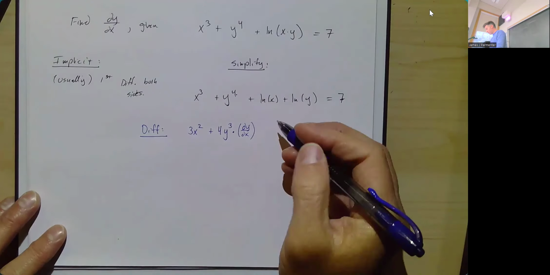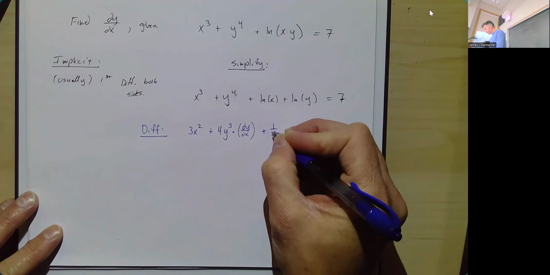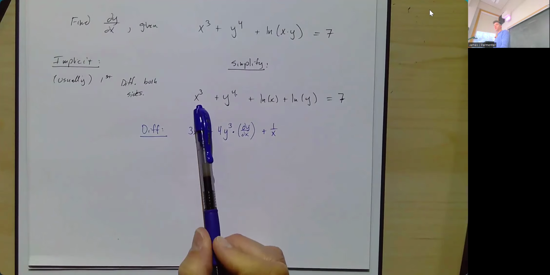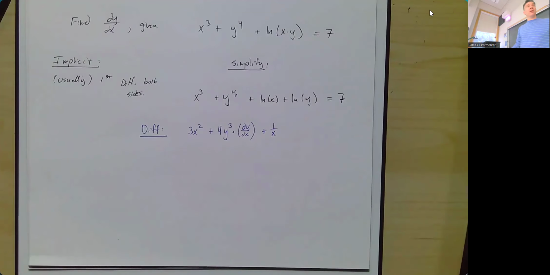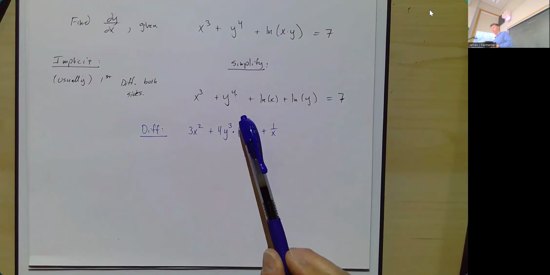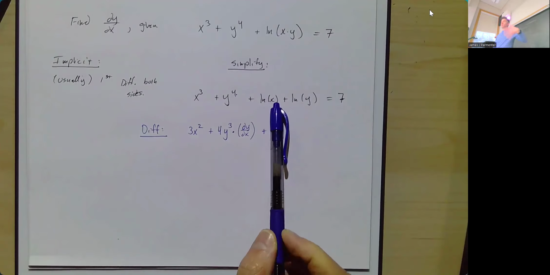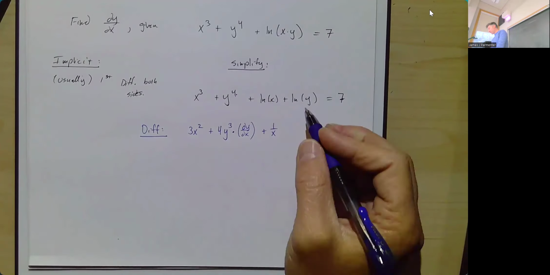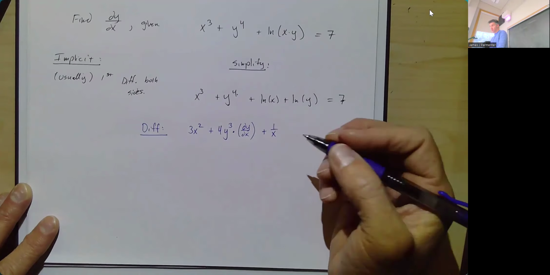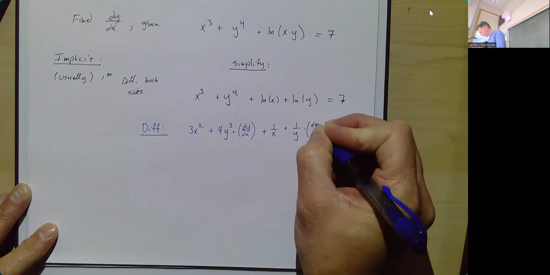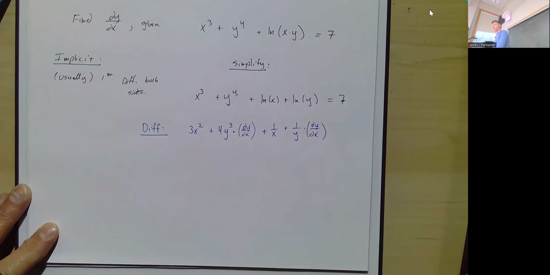The derivative of the natural log of x is 1 over x. I should say more words here. I should really say the derivative of x cubed with respect to x is 3x squared. The derivative of y to the fourth with respect to x is 4y cubed times dy dx. The derivative of the natural log of x with respect to x is 1 over x. The derivative of the natural log of y with respect to x is 1 over your stuff times the derivative of your stuff. And what's the derivative of 7? Right.